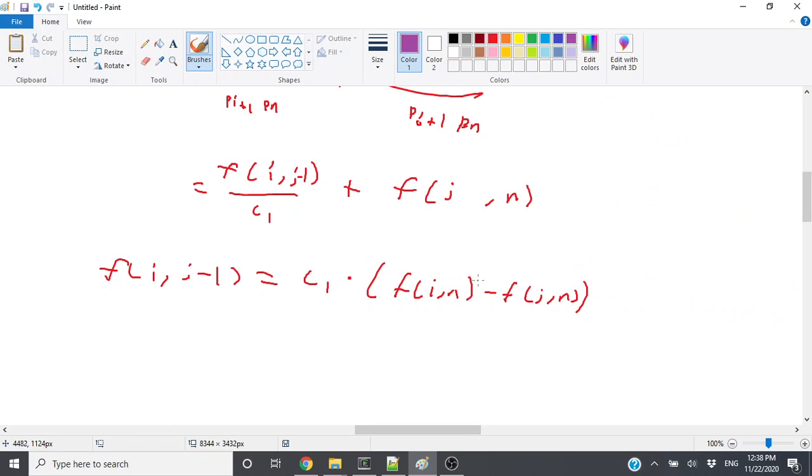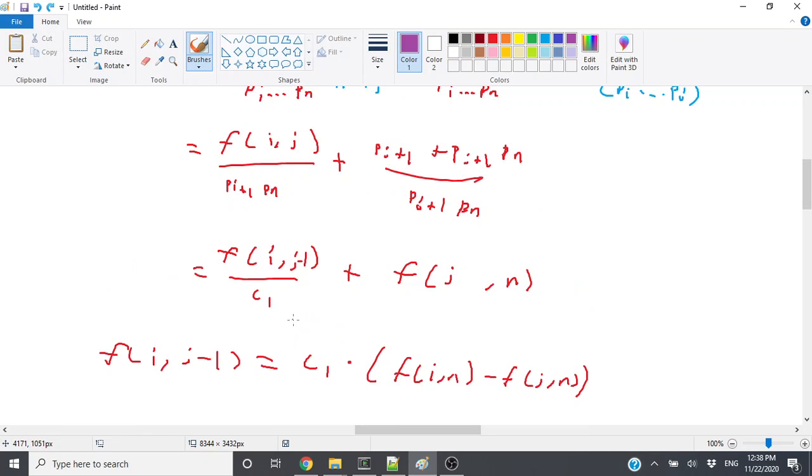Specifically, f of in is a constant for a given i. f of jn is a constant for a given j. c1 is a constant for a given i. So that's it, isn't it?